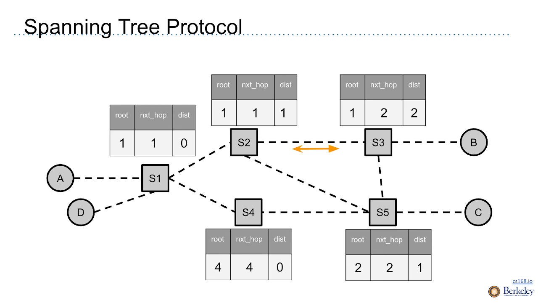How about the other two? Somehow they communicate with each other, and what will the final result in S4, S5 be? S4? Is it 1, 1, 1? And S2? S5?